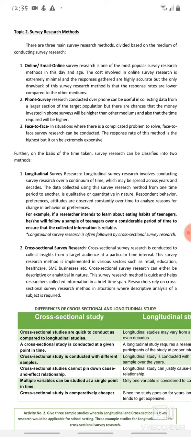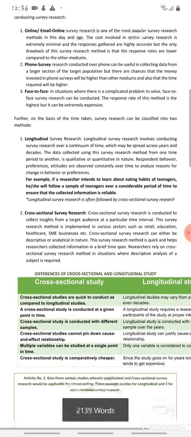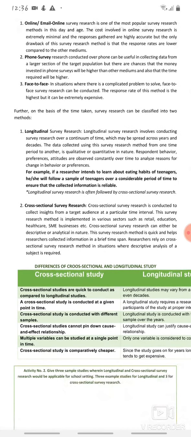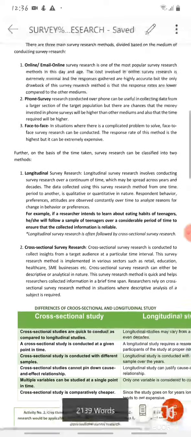Further, on the basis of the time taken, survey research can be classified into two methods. One, we have the longitudinal survey research. When we say longitudinal survey research, it involves conducting survey research over a continuum of time. So it is a very long method.